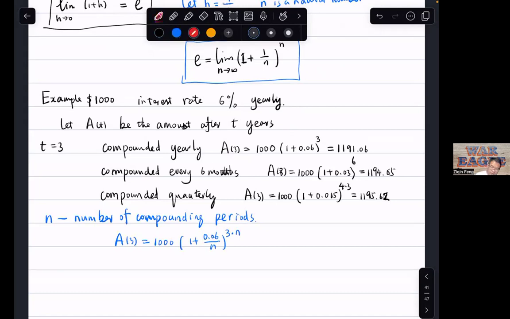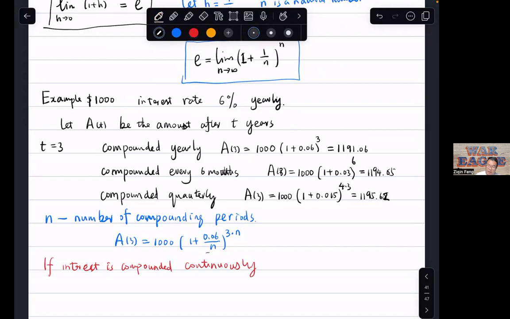So let's say the interest is compounded continuously, right? Every second, every microsecond, compounded continuously. So how do we get the amount after 3 years?